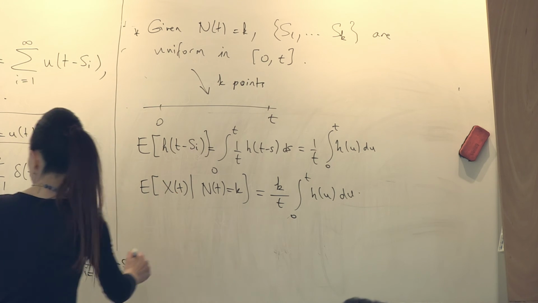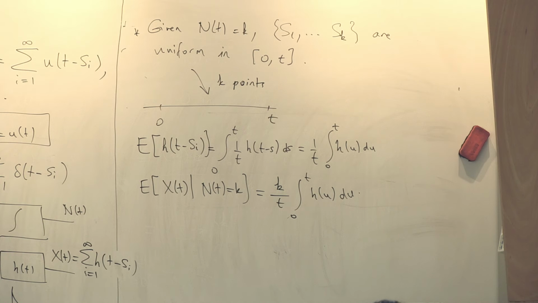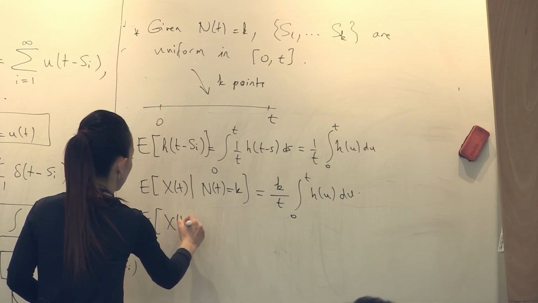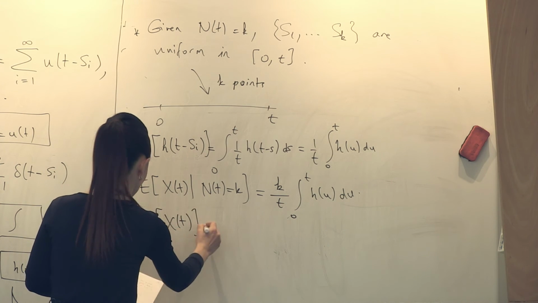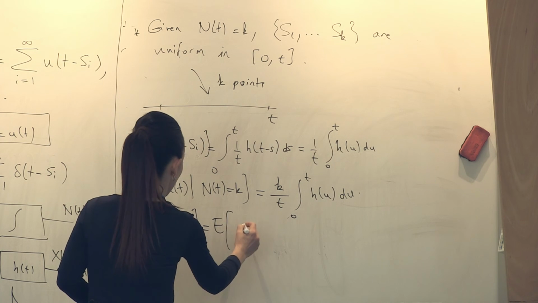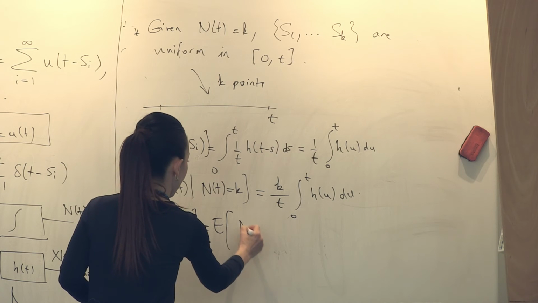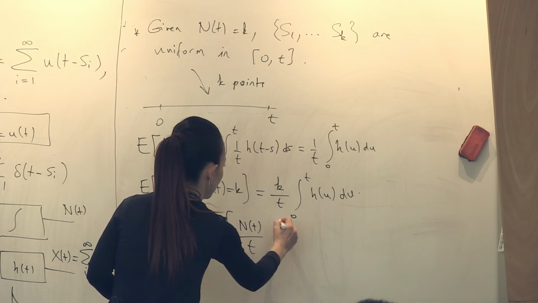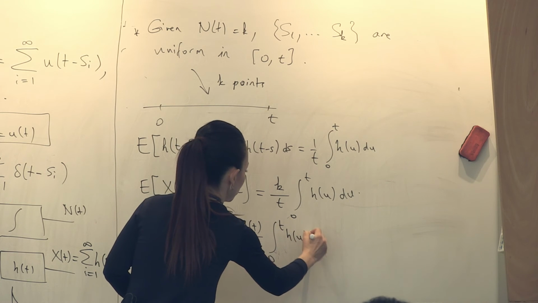Now, that is the conditional expectation. How about the unconditional expectation of X(t)? The expectation of X(t) equals the expectation of N(t) divided by t, times the integral of h(u) du.